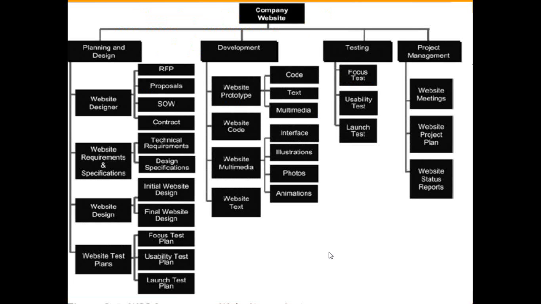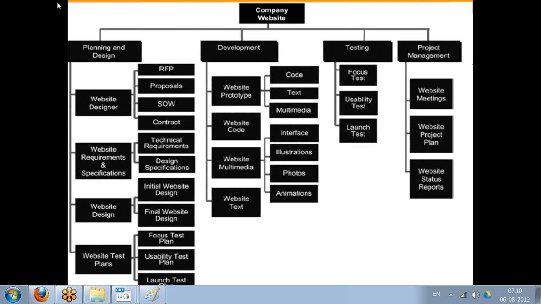Now this slide is an example of a work breakdown structure. This is about creation of a company website, and you decompose that into components like planning and design, development, testing, and here it was project management.